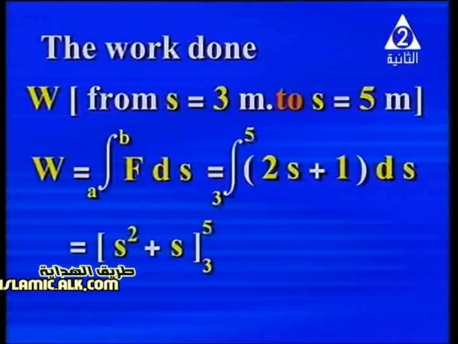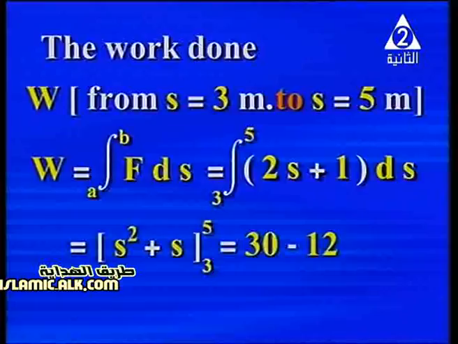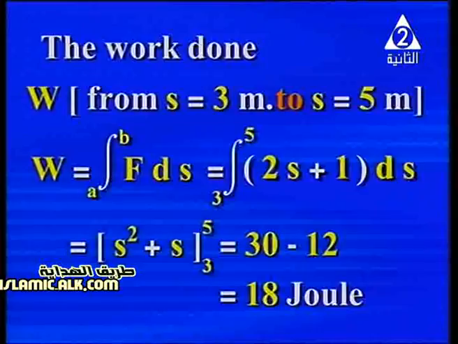We substitute s equals 5, after that substitute s equals 3. Then we subtract: 30 minus 12. The answer equals 18 joules. Then the work done by the force equals 18 joules.